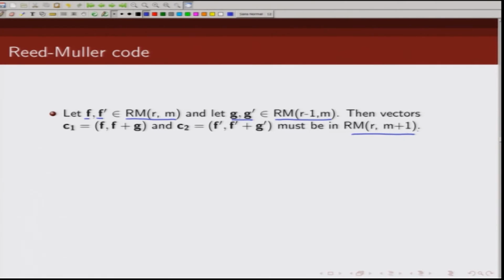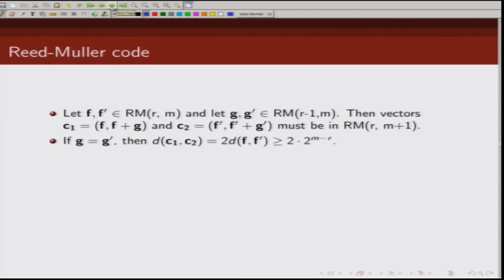So these code words C1 and C2, which are of the form (f, f plus g) and (f', f' plus g'), must be code words belonging to this Reed-Muller code, and this follows from our recursive construction of Reed-Muller code, which we just mentioned. So, C1 and C2 must be code words for this Reed-Muller code.